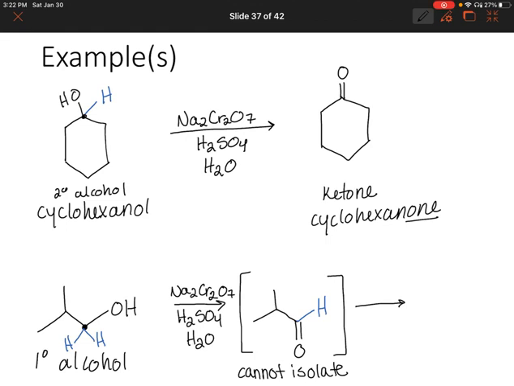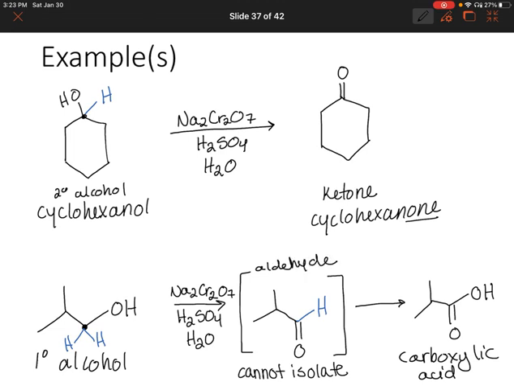A carboxylic acid. All right. And let me just write aldehyde above our aldehyde intermediate, I guess you could say there. But again, we're not going to be able to isolate the aldehyde because this oxidizing agent is just too strong. So it's going to keep going to the carboxylic acid.